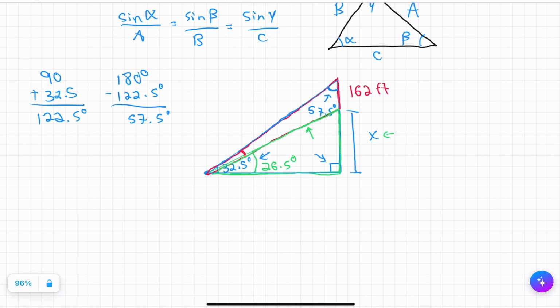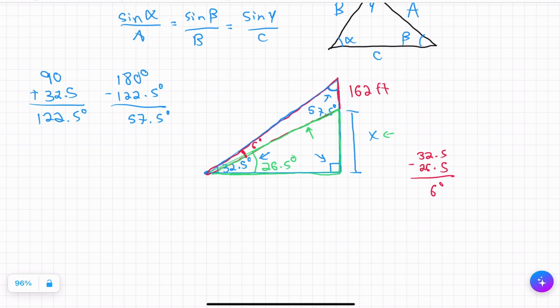We need to know what this small angle is right here so that we can use the law of sines. In order to figure out what that angle is, we need to take our larger angle of elevation, which is 32.5, and subtract our smaller angle of elevation, which is 26.5. And we get 6 degrees. So this small angle right here is 6 degrees.